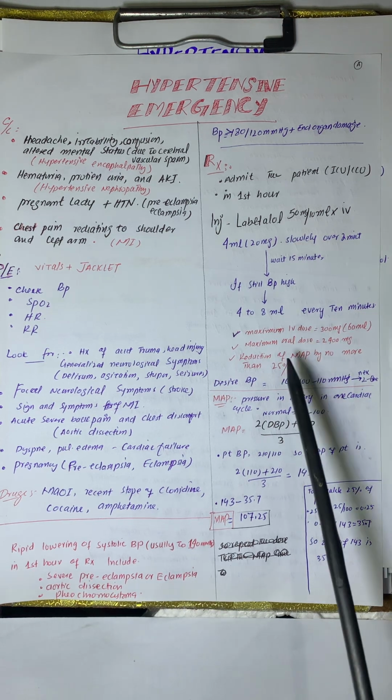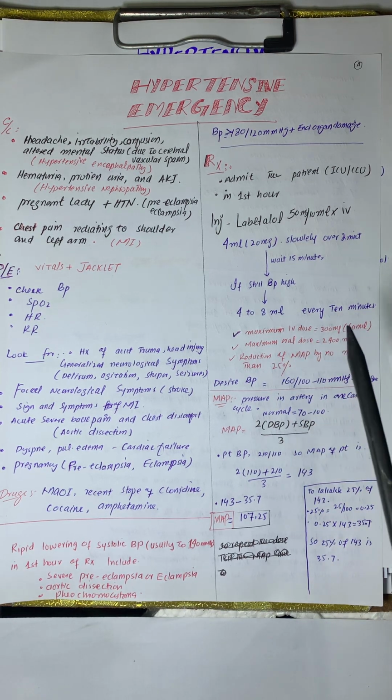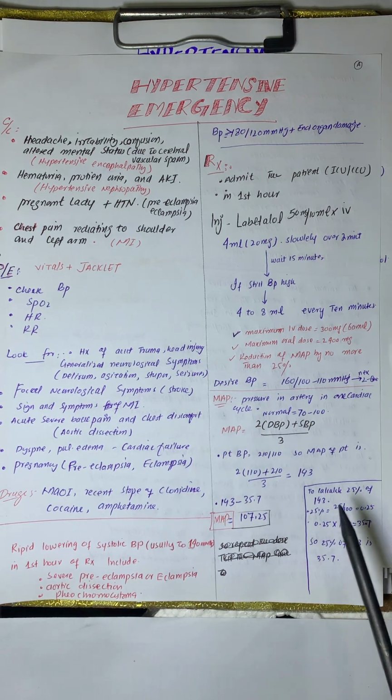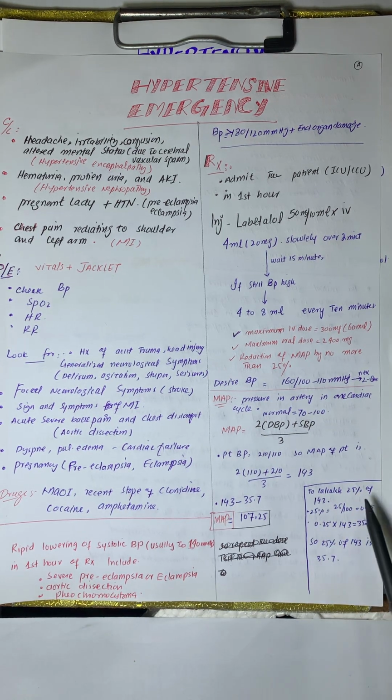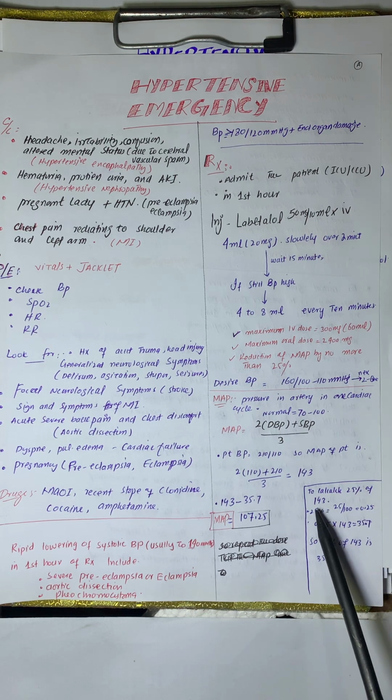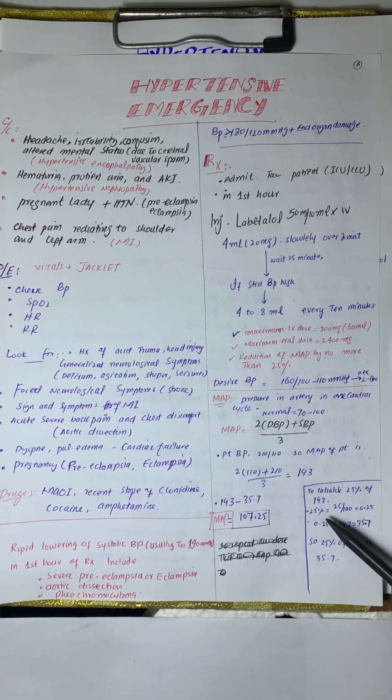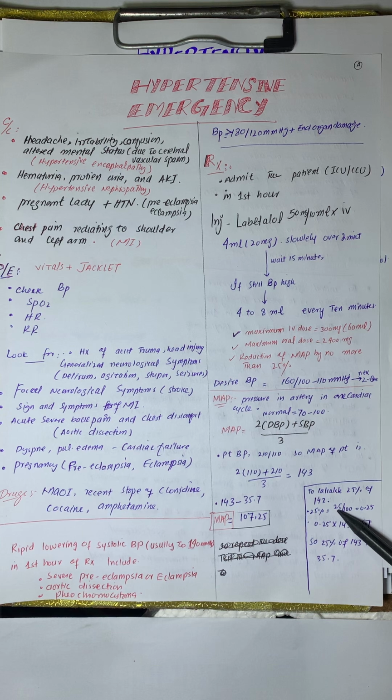We calculate 25% because we reduce the blood pressure by 25% in the first hour. To calculate 25% of 143: 25% is equal to 25 divided by 100, which is 0.25. 0.25 multiplied by 143 is equal to 35.7.